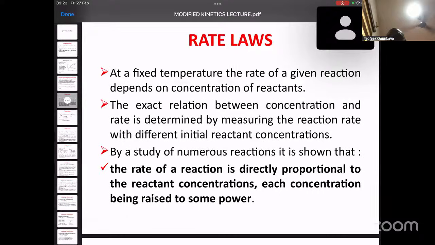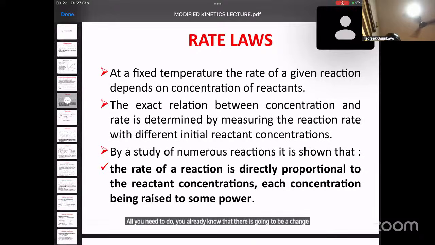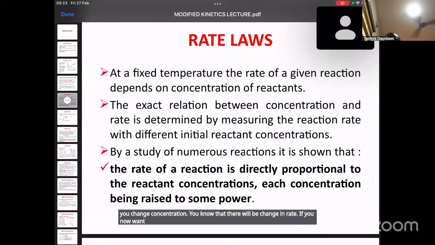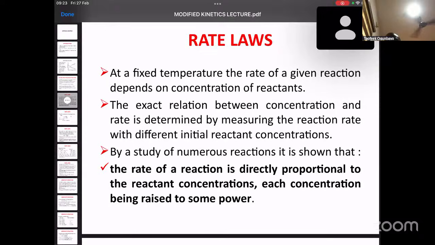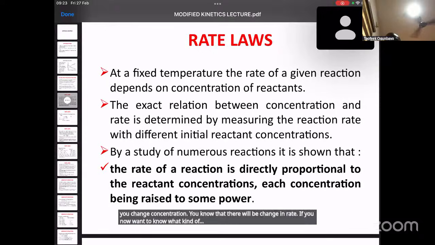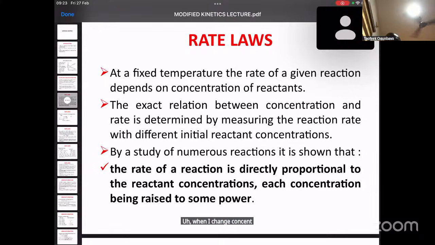So when you have concentration, all you need to do, you already know that there is going to be a change when you change concentration. You know that there will be a change in rate. If you now want to know what kind of change, when I change concentration, is the rate decreasing?